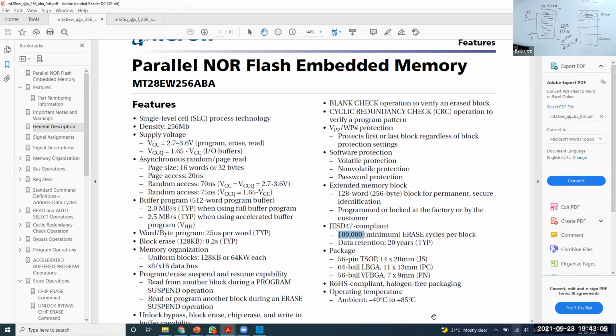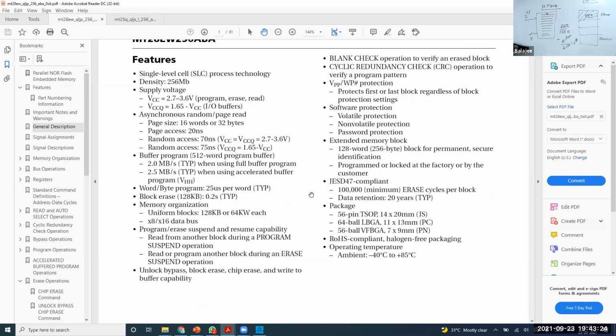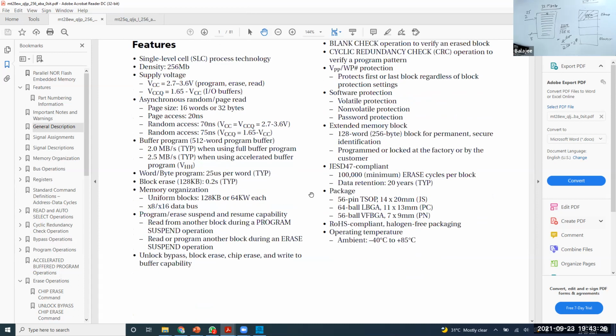Also, they say the data retention is 20 years. Typical, it will be more, but typical. That means if you store today, after 20 years, if you go and read it, it may not be there. That's why they say it can retain the data only 20 years. Understood?